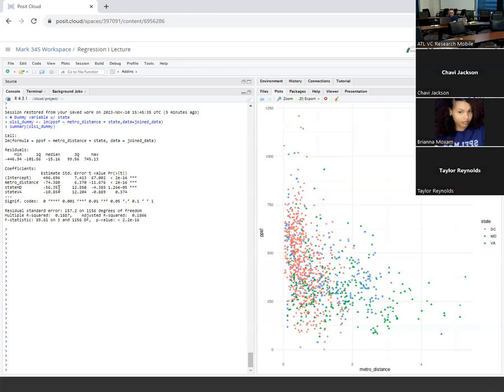Because if they were the same expected price per square feet in Maryland and in DC, this thing would be close to 0 and it would not be significant. But for Virginia, you're saying that the expected price per square feet of a property in Virginia is on average no different than that of a property in DC. Because this -10, even though it may sound like $10, right? That's what it is. The uncertainty around it is 12, which means that it has a p-value that's 0.37.